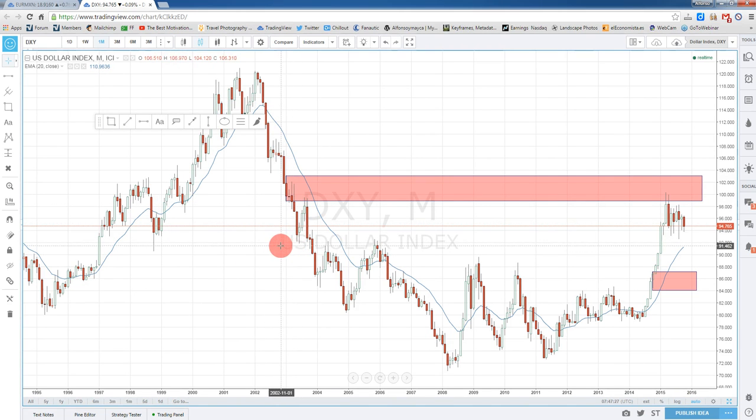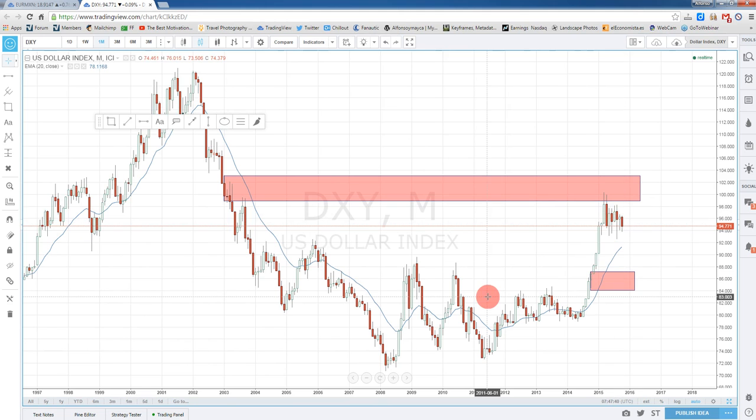Well, it didn't remove it, but it removed this one, sorry. Removed that one, dropped, retested, dropped, another area of supply, dropped. The trend line was broken and a new area of demand was created. So this is what we have now: monthly area of supply, tested area of supply, in control. Monthly in an uptrend, we have these here.